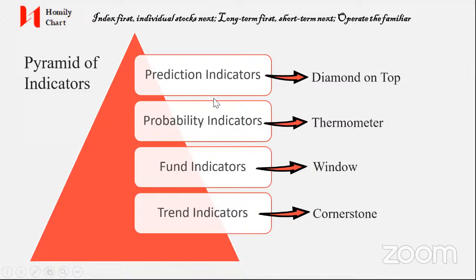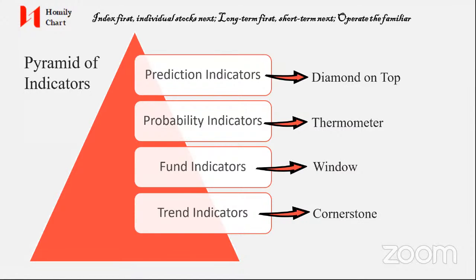We know diamonds are usually very precious and attractive, but they are on the top, not easy to get. So application of the prediction indicators is difficult. It's not that easy to really master them.